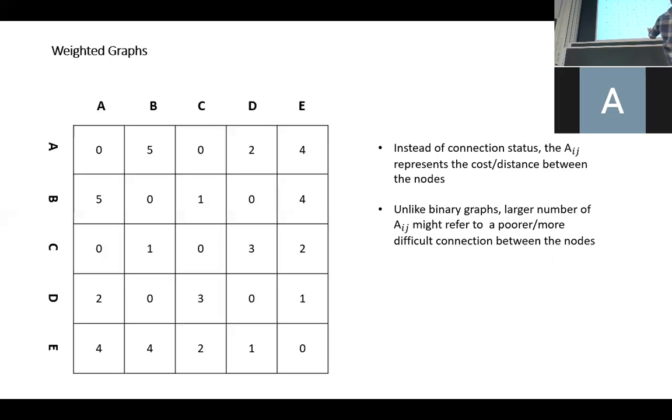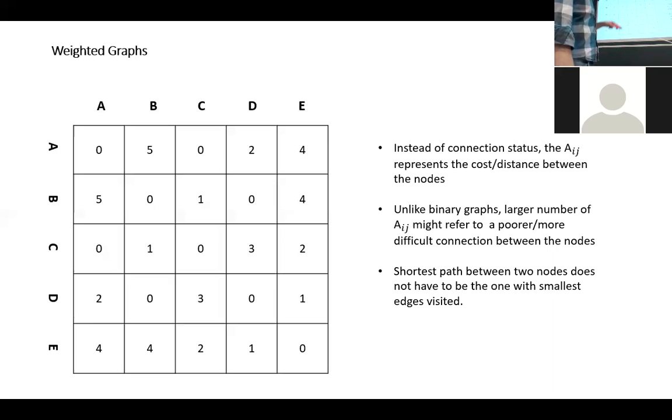But in weighted graphs, the larger number in the adjacency matrix might refer to a better or poorer connection, depending on what you are defining with the adjacency matrix. And the shortest path here doesn't need to always be the smaller number of edges visited.